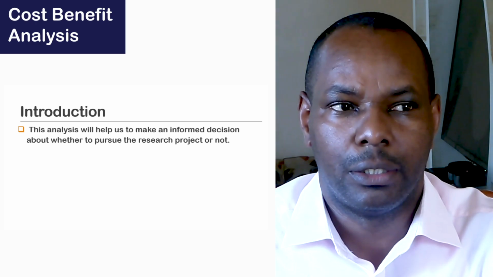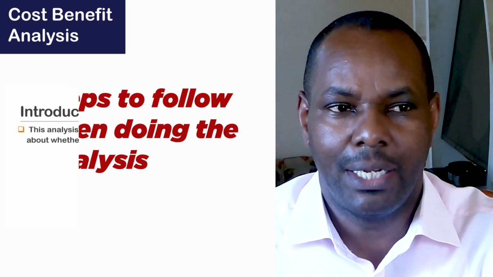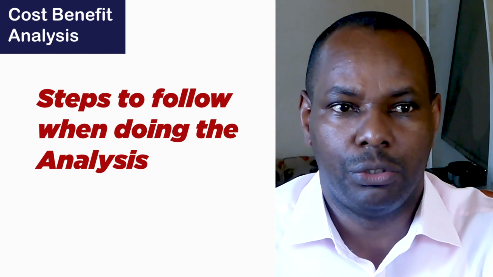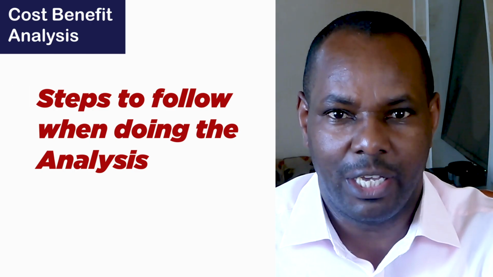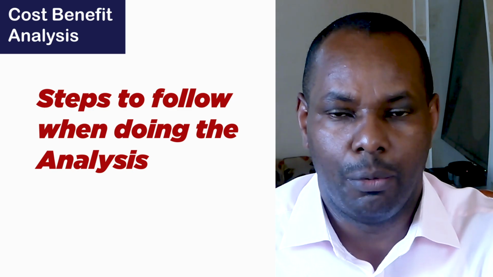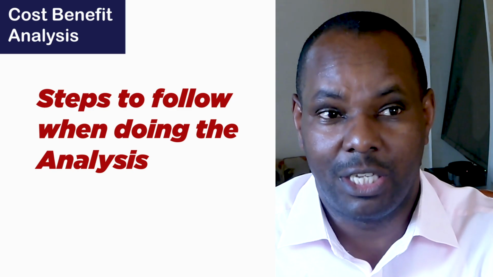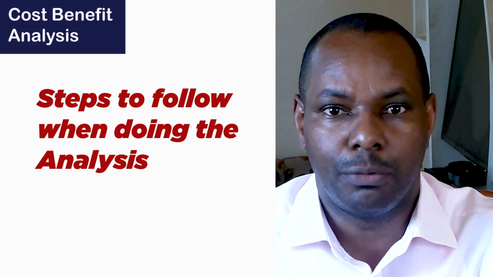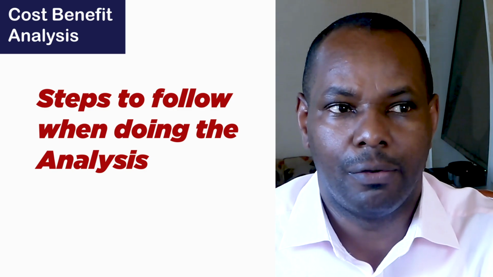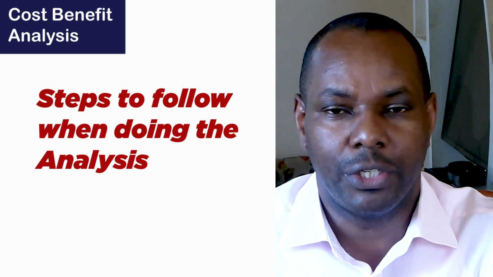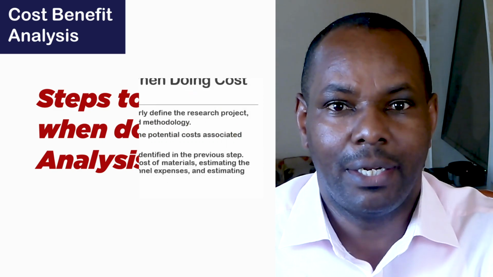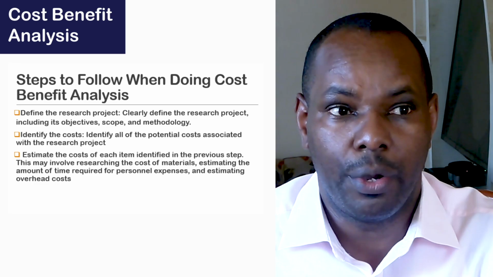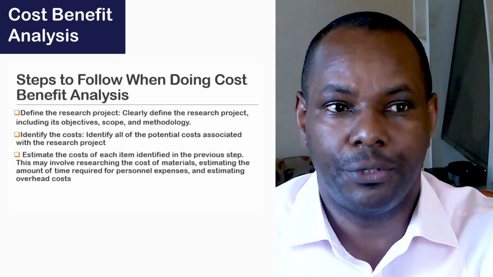When you are doing this kind of analysis, it is important to follow some steps. And I'm going to share with you some of the key steps that you're supposed to follow when you're undertaking cost-benefit analysis for a research project or any other project. One thing that you have to do is to define the research project.